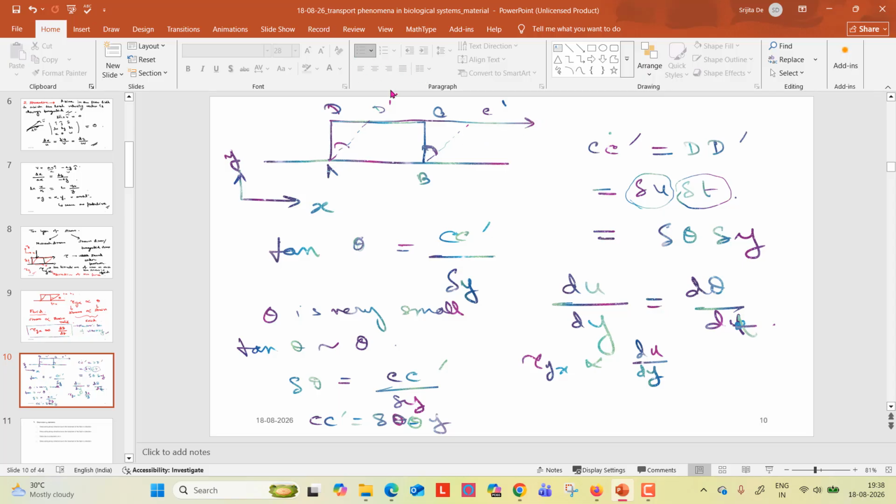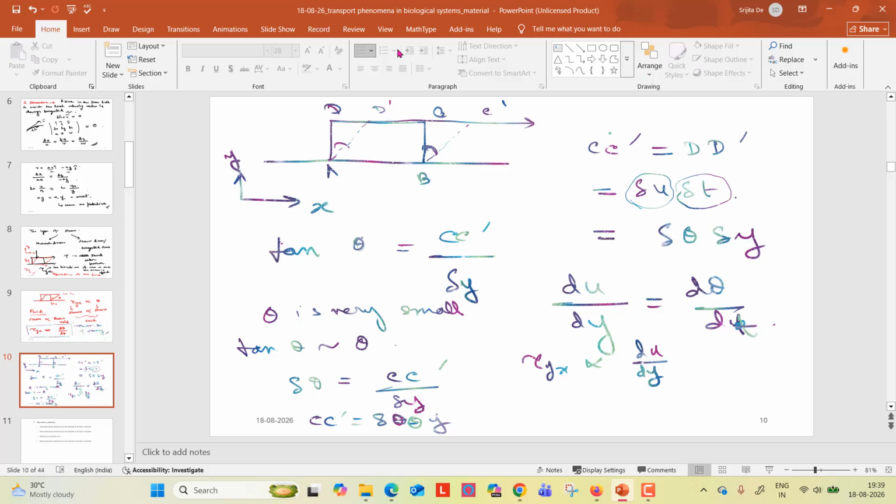That means the change in velocity in the x direction, because the force is applied in the x direction. The area is in the y direction, right? We have said that in tau yx, y is the area direction. So how the x directional velocity changes with respect to the y direction, the perpendicular direction to the area, right? So this is the concept.